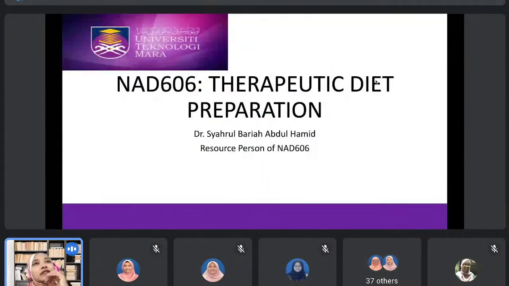Okay, so for this topic, it's a revision of what you have learned in MNT 1, 2 and 3. Basically, in MNT 1, you learned about hyperlipidemia and then diabetes mellitus. So you all already have the information about the carbohydrate modification, calorie modification, protein modification.